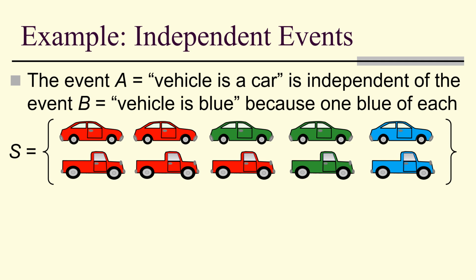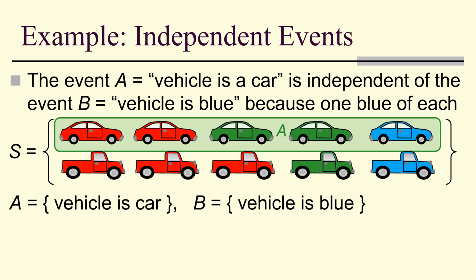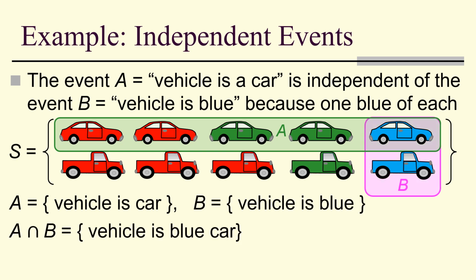For example, the event A equals vehicle is a car is independent of the event B equals vehicle is blue, because there's one blue car and one blue truck. So let's look at this. A is vehicle is car. B is vehicle is blue. A intersect B is vehicle is blue car.